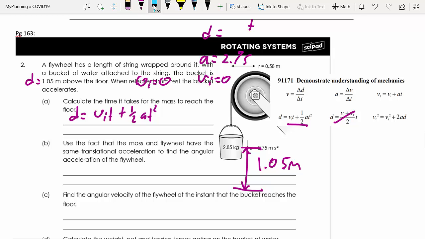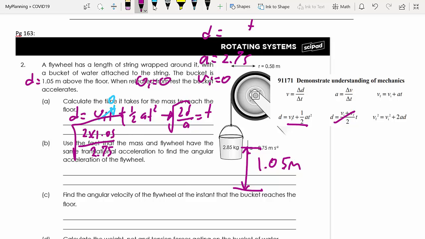And I know that VI is 0, so that gets easier, and I'm looking for time, and so I can rearrange this to make it 2D divided by A, square root, equals time. If you can't do that in your head, that's fine. You can just type it into Solver. So it's 2 times the distance, 1.05, divided by the acceleration, which is 2.75, and you square root that.